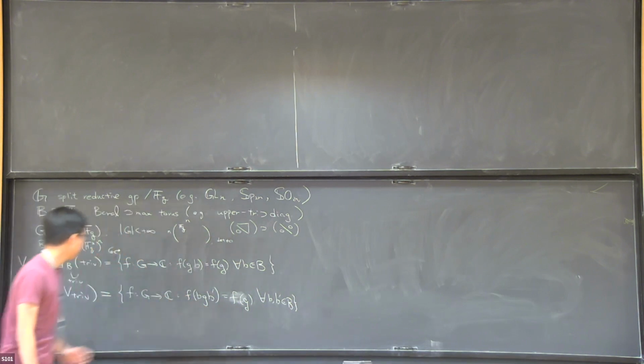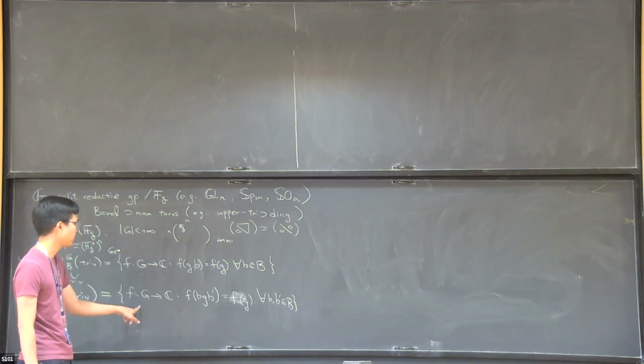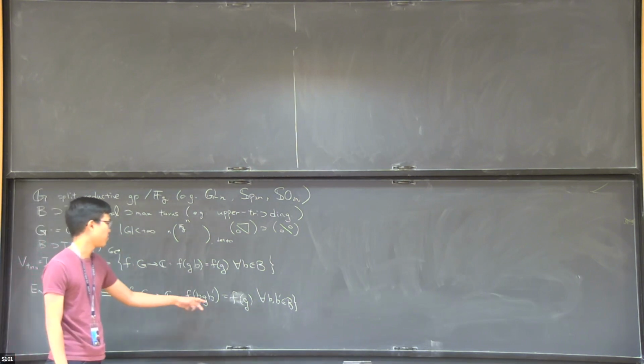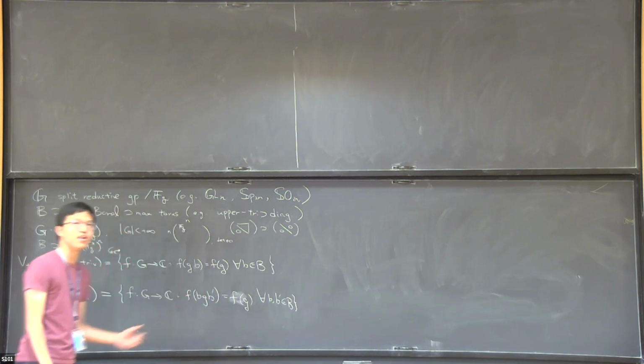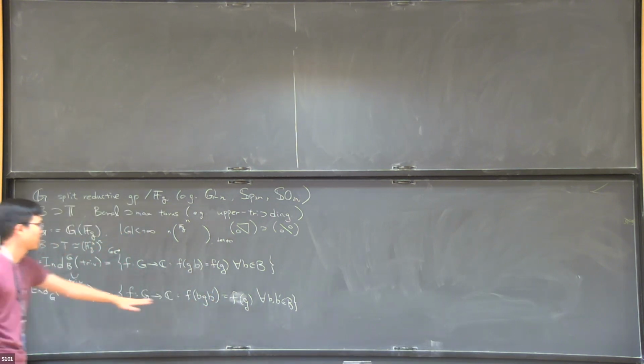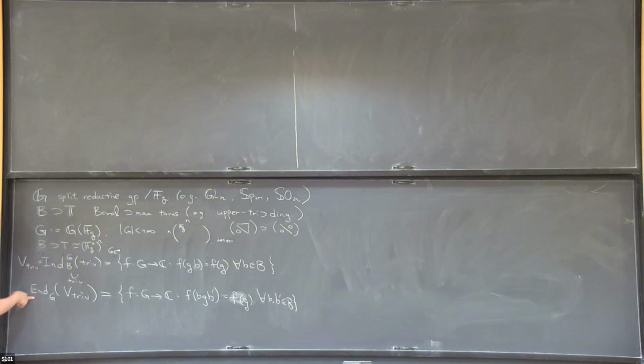Basically, it is again the C-valued functions on G such that when you left or right multiply by a Borel element, it is still the same function. And since it is an endomorphism ring, it is an algebra.